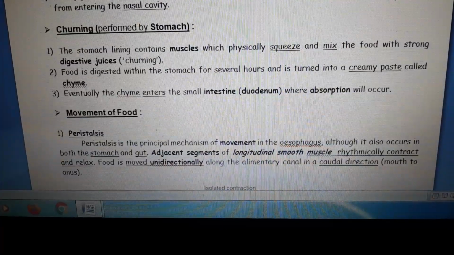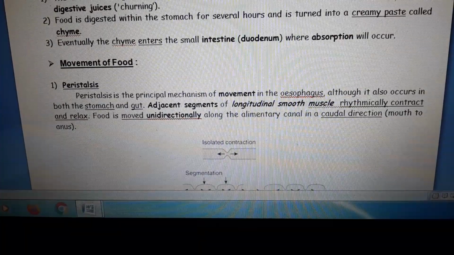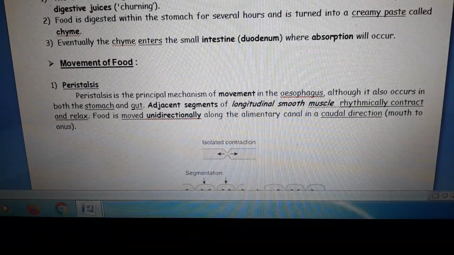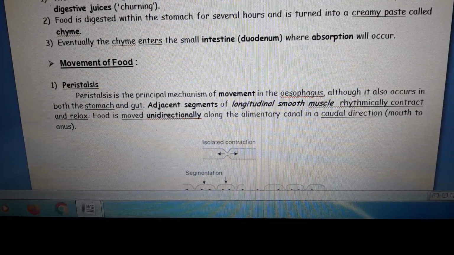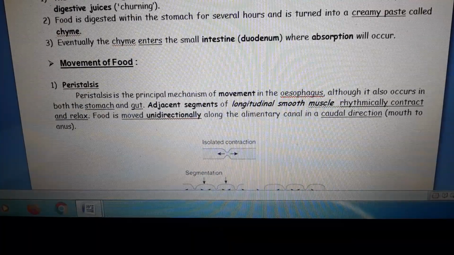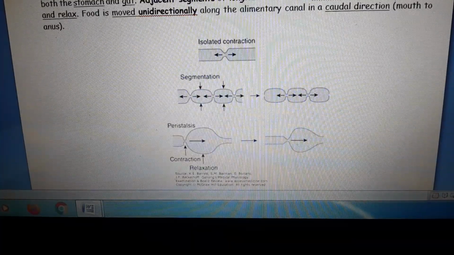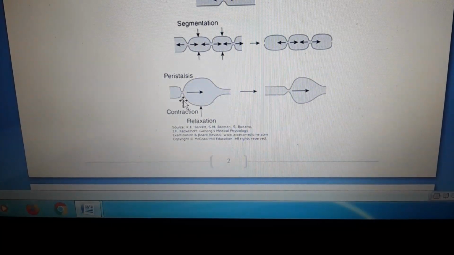Another mechanical process involved is the movement of food, which may be of two types, peristalsis and segmentation. Peristalsis is mainly performed by the esophagus, and also by the stomach and gut. In the esophagus, these are the adjacent segments, the groove-like structure and the swollen structure.